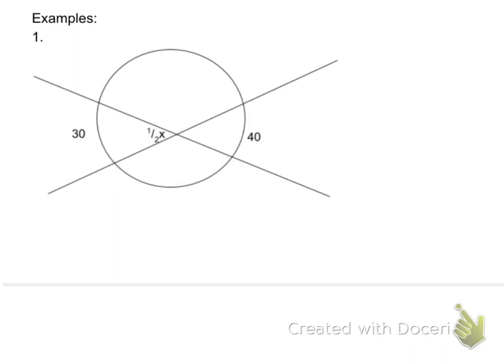Don't be afraid to do a couple problems in advance, like go to the next lesson and find them again. It's called an intersecting secant and a tangent, or intersecting 2 secants. You Google search that, you will find worksheets upon worksheets with answers and without answers.